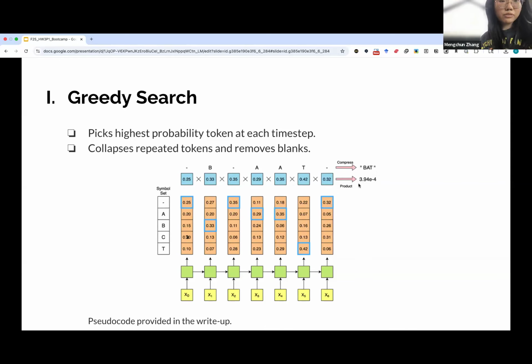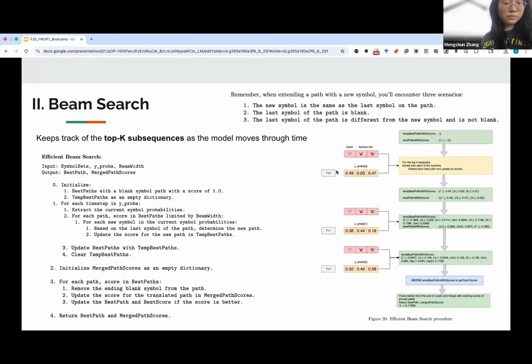So greedy search is very straightforward when you implement it in the homework, but sometimes it can miss the overall better alignment because it only considers the top probability at each time step without considering future probabilities. So to improve on the greedy search, we introduce the beam search.